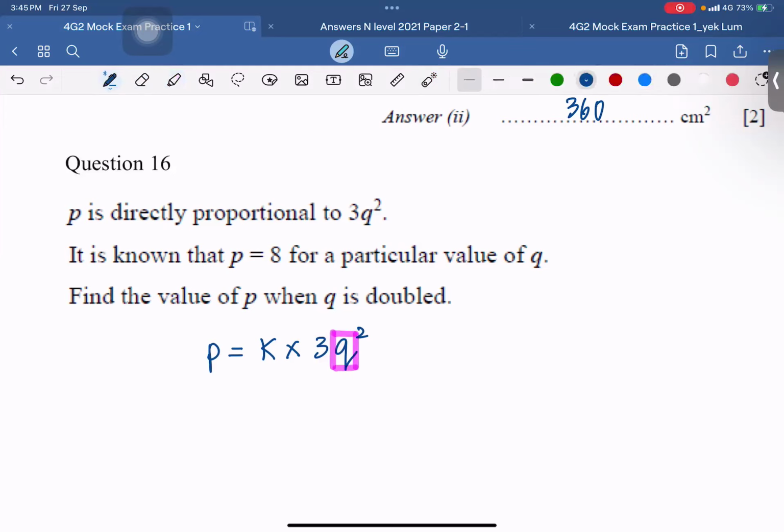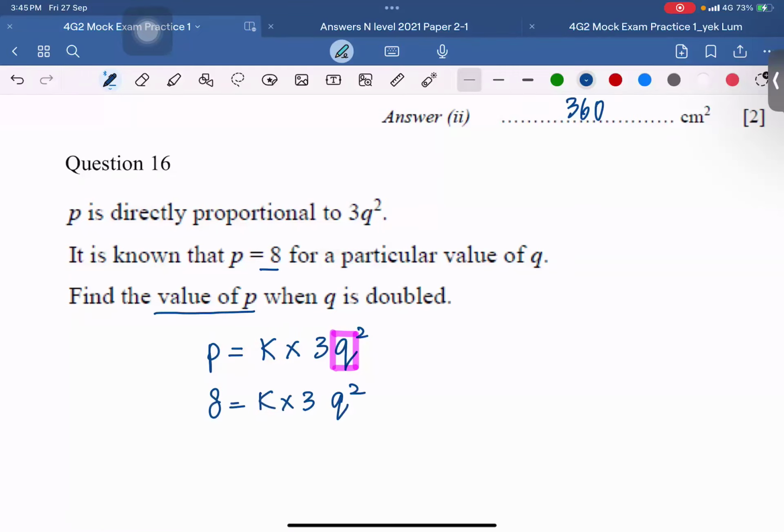So when you write the later part of it, you follow the pattern, you better make sure you change only the Q to brackets. Okay, it's known that P equals 8, so 8 equals K times 3Q squared. We leave it as this, no problem.